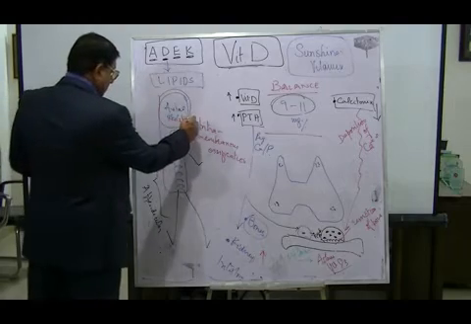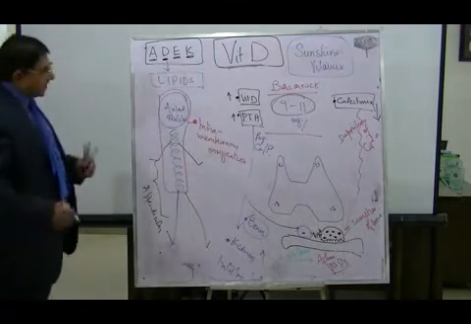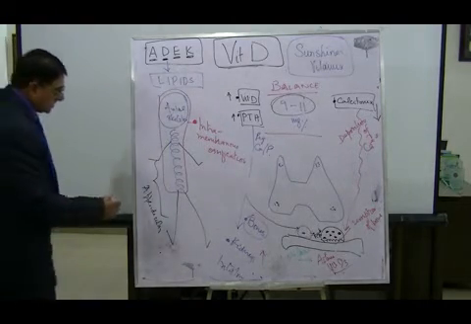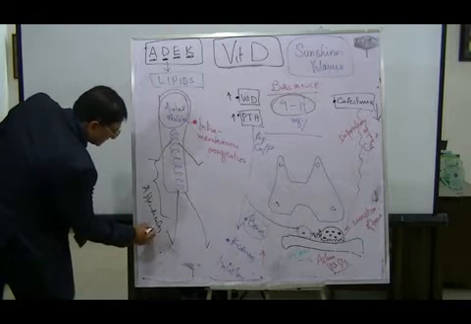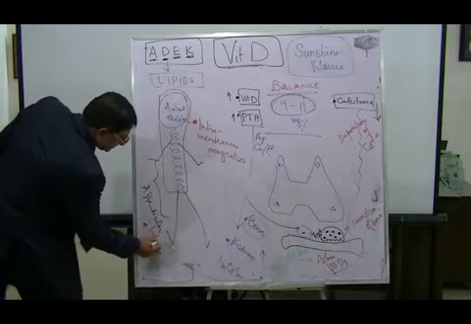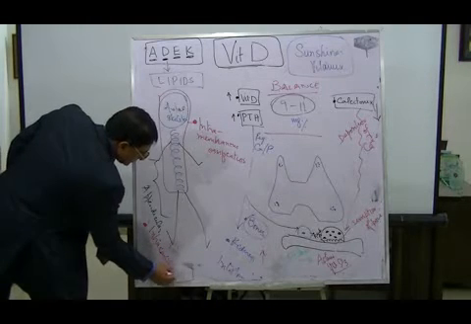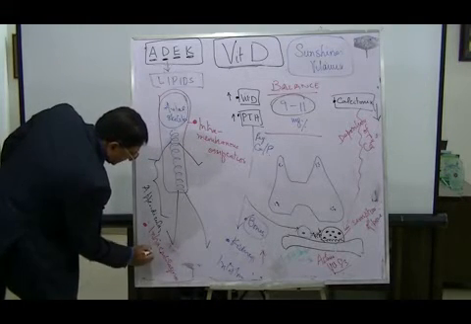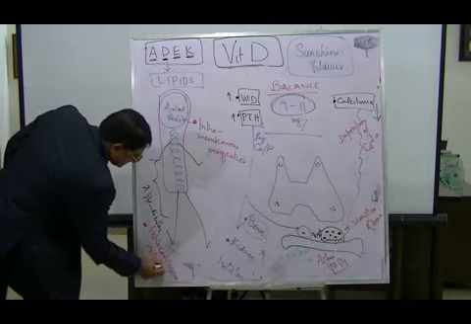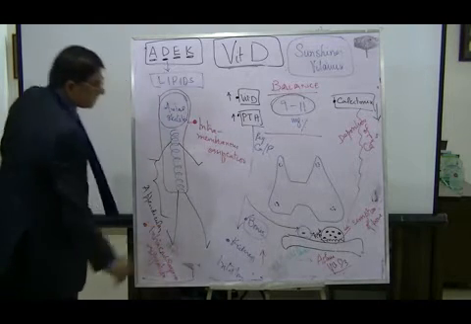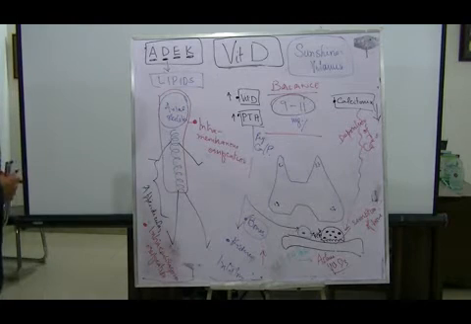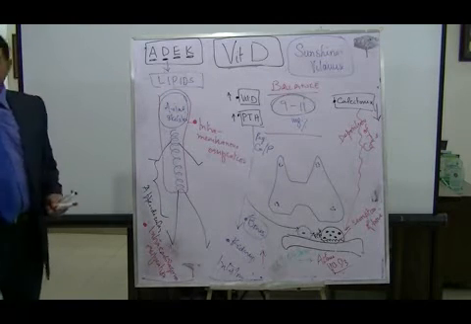This is called intramembranous ossification, while the appendicular skeleton has intracartilaginous ossification. So, ossification is bone formation.